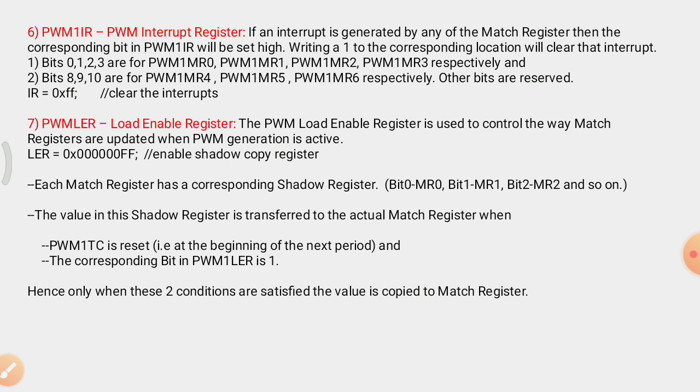So if bit 0 is equal to 1, then whatever value is present in the MR0 shadow will be loaded into MR0. Hence only when these two conditions are satisfied is the value copied to the original match register. We will see this in the next part.